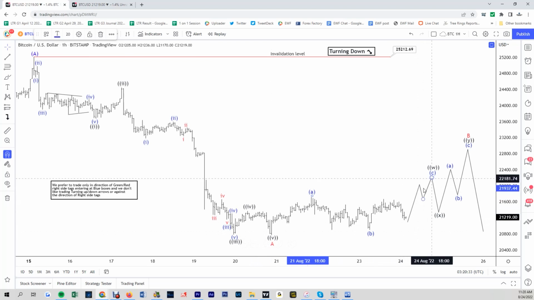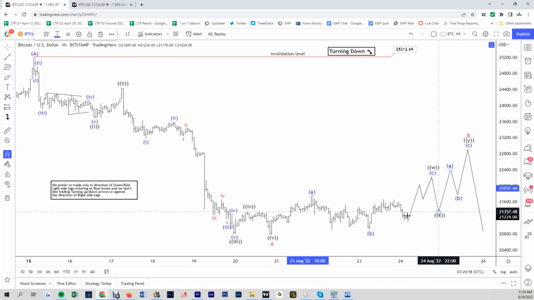So we cannot rule out further upside to correct this move down from 25,200. Once we finish the correction, as long as we stay below 25,200, because it looks like a 5 waves down here, we could at least see one more leg down in Bitcoin, further downside.